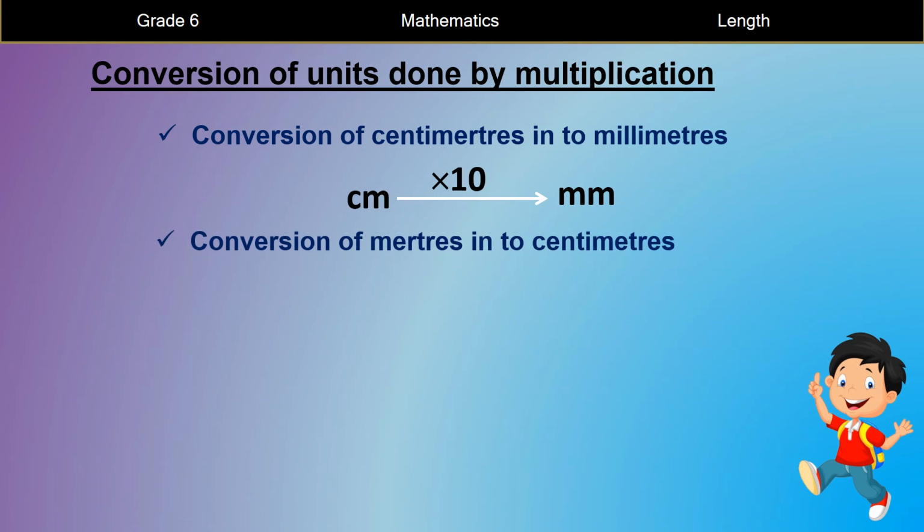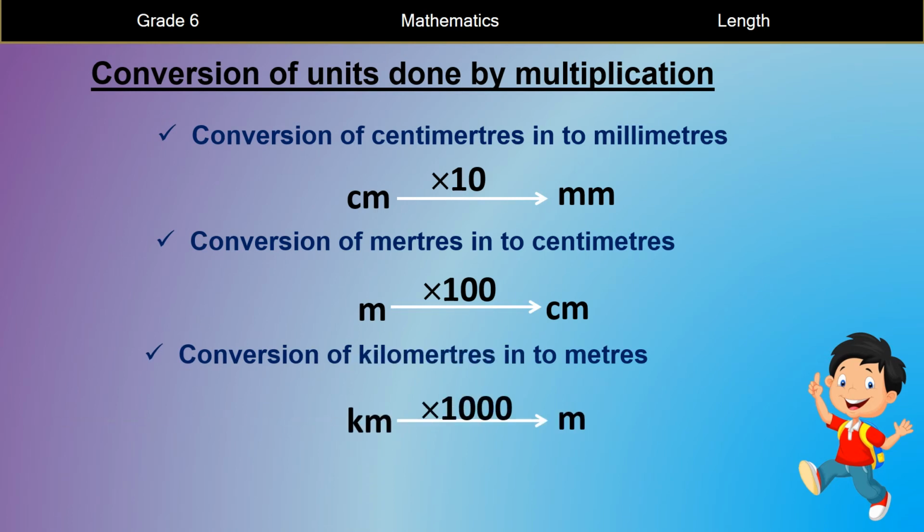And then conversion of meters into centimeters. We know that 1 meter is equal to 100 centimeters. Therefore, when converting meters into centimeters, we multiply by 100.